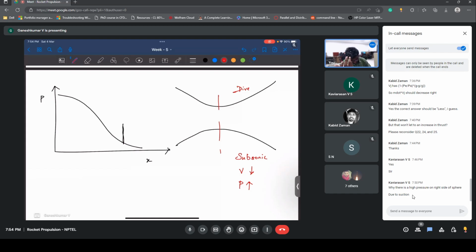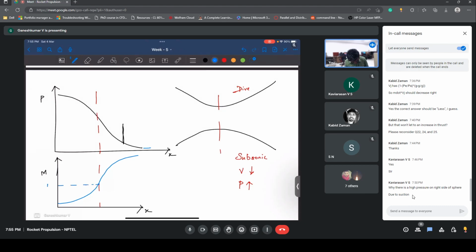Now, since you do not have the exit pressure to be the same as the ambient pressure, and you have accelerated to supersonic, this is the Mach number plot.